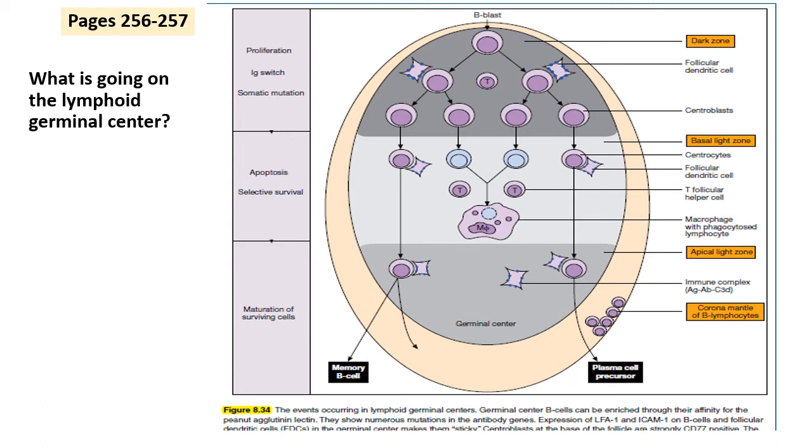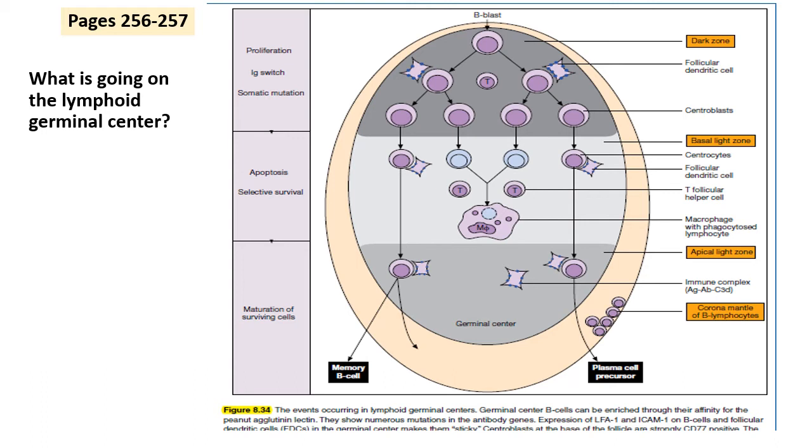It's very important for the B cell to have high affinity for antigen to be selected. The more antigen captured by the B cell and presented on MHC class 2 to the T follicular helper cell, the more likely it is to undergo further proliferation and somatic hypermutation.